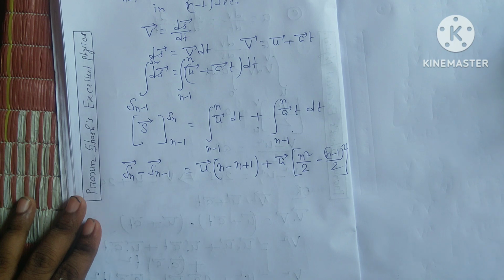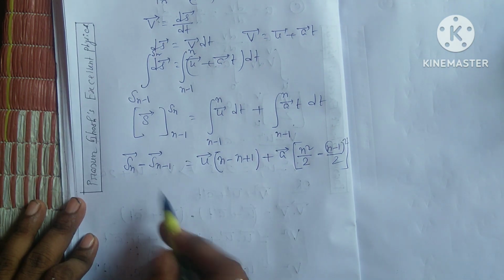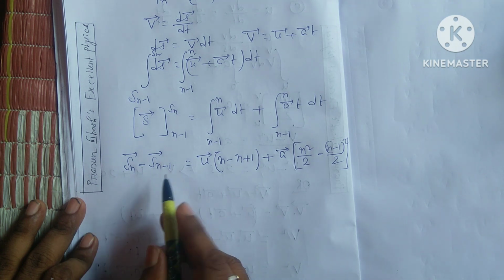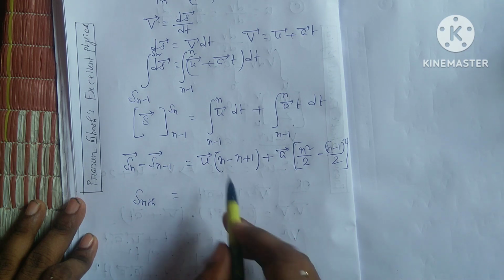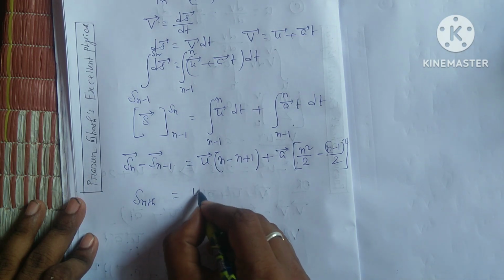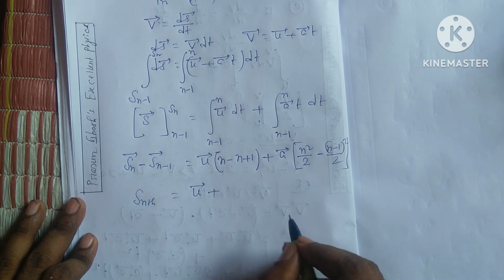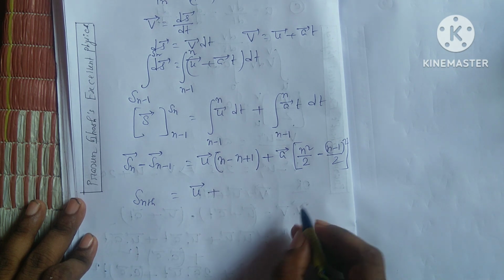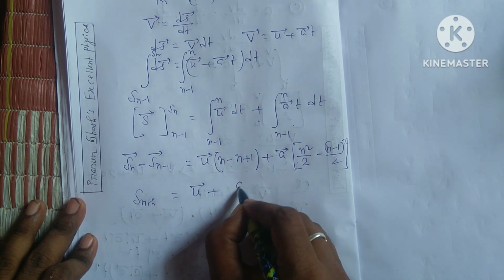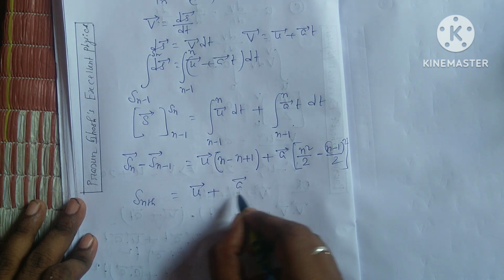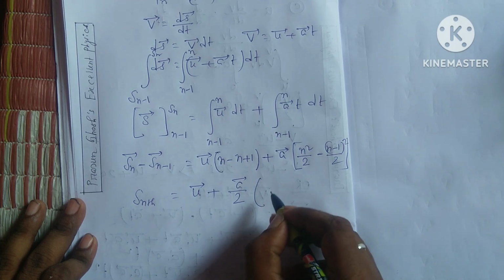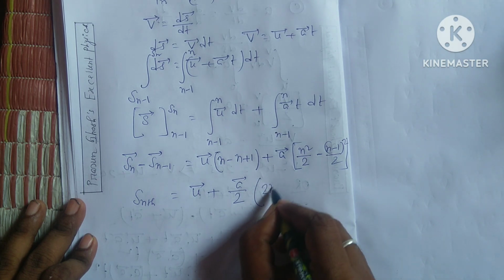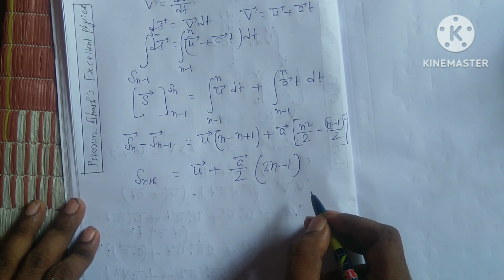So this is nothing but s nth, and we can write this is u plus a by 2 times 2n minus 1.